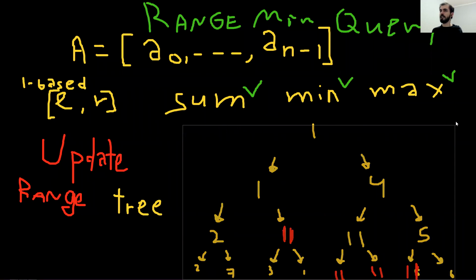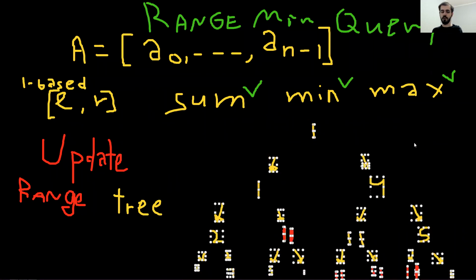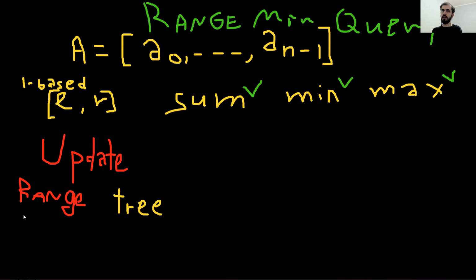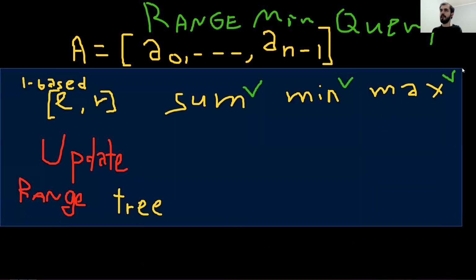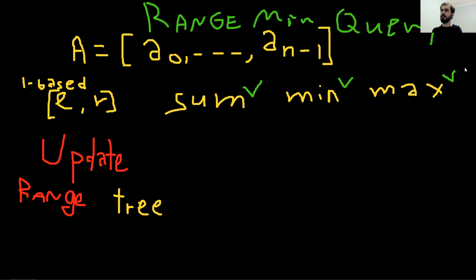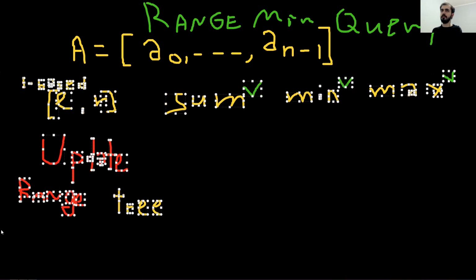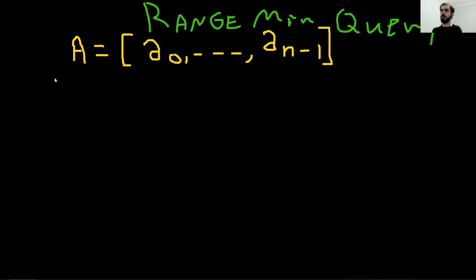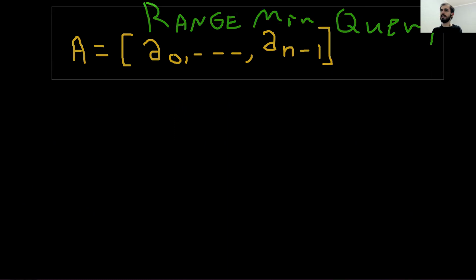So we can get rid of our segment tree. Okay. We won't have anything. And what I mean by that is that let's start with an empty array.